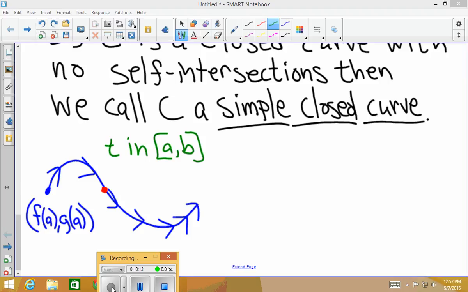So we make t range from the smaller number, a, in an increasing fashion up through b. So that would mean that the final point on this end of the graph would be f of b, g of b.